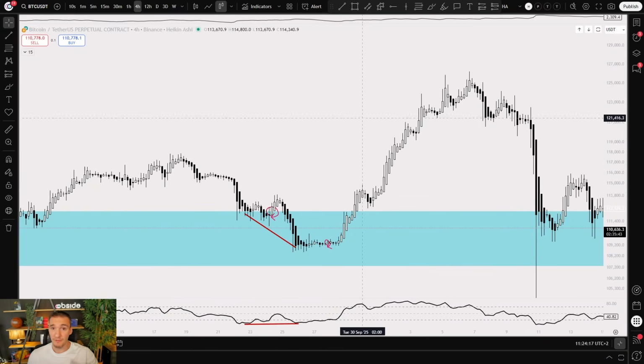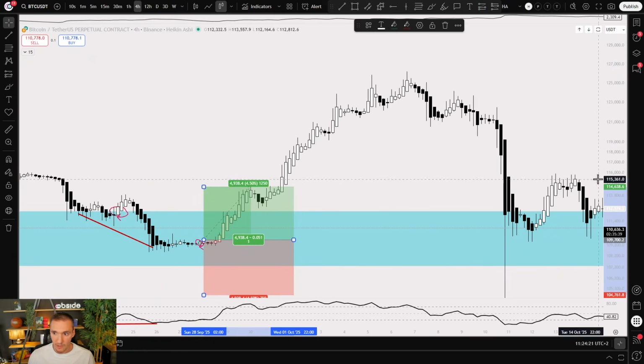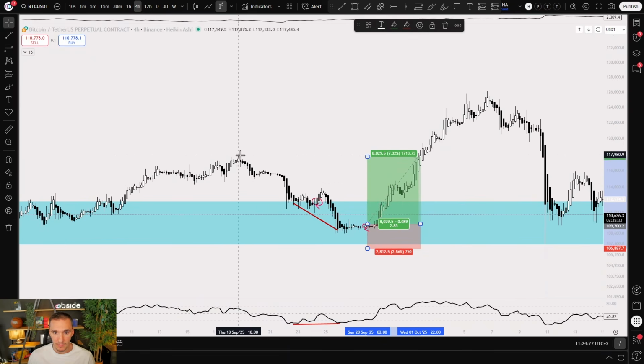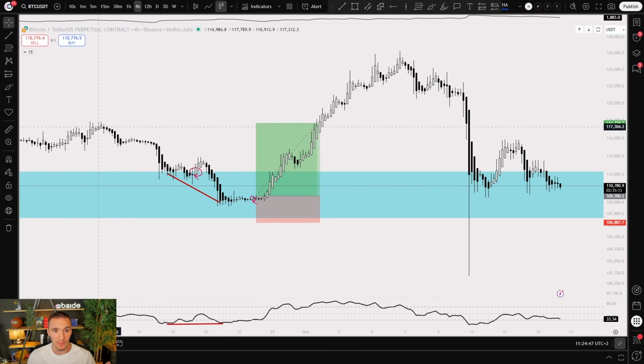But if you do have fixed targets, and let's say you were in that trade here with a stop below the support area and you were targeting that recent swing high here, then you can also use the Heikin Ashi to capture some extra gains when your potential profit target is reached. So basically, if you wanted to take profits out once we reach that swing high here, then you can use the same method that we just mentioned.